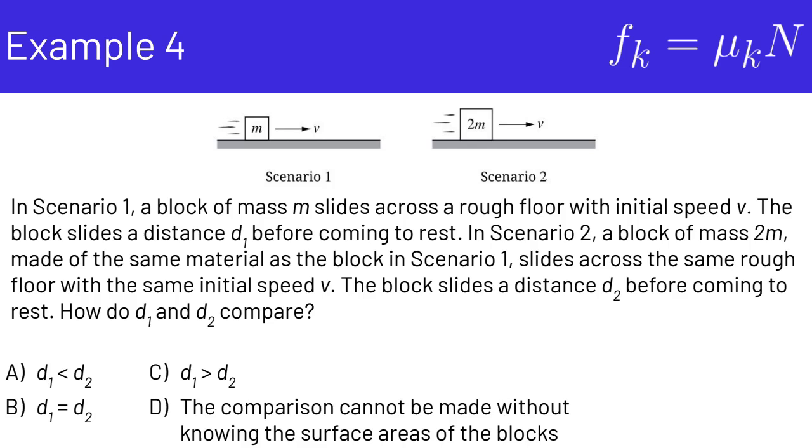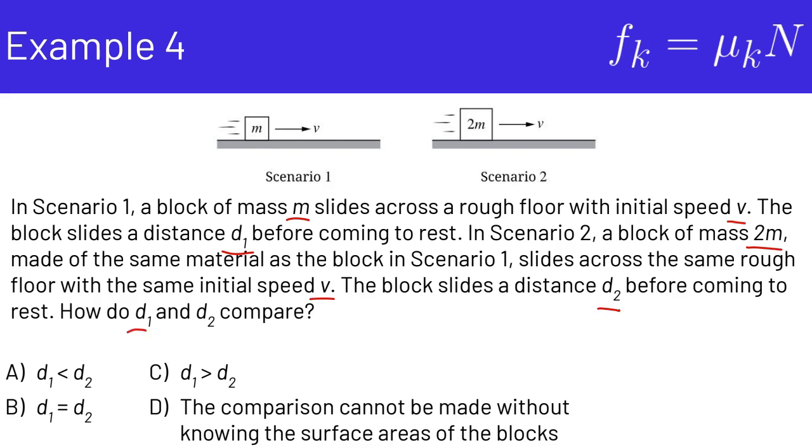Okay, example number 4. In scenario 1, a block of mass m slides across a rough floor with initial speed v. The block slides a distance of d1 before coming to rest. In scenario 2, a block of mass 2m, made of the same material as the block in scenario 1, slides across the same rough floor with the same initial speed v. The block slides a distance d2 before coming to rest.